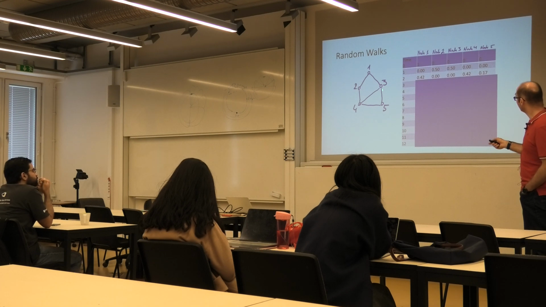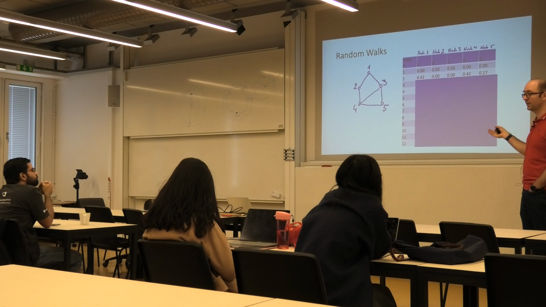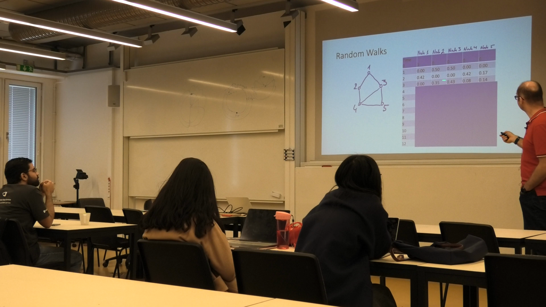The 5th node we will reach only through 3, so it will be half times a third. And then to the 4th we could have gone from both sides, so it's symmetric to 1, so it will be the same. And the whole would sum up to 1, right? So we don't lose any probability. And then we can continue like this.